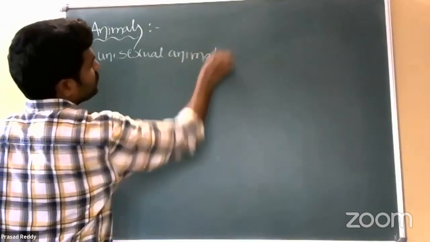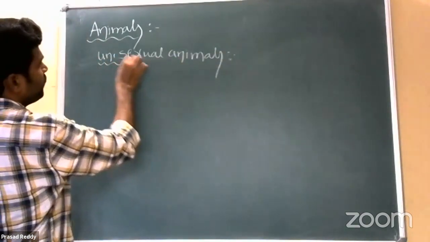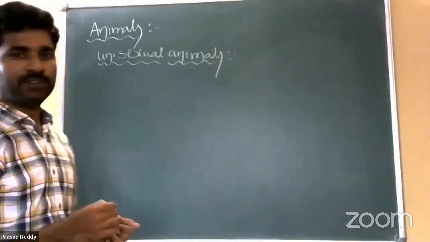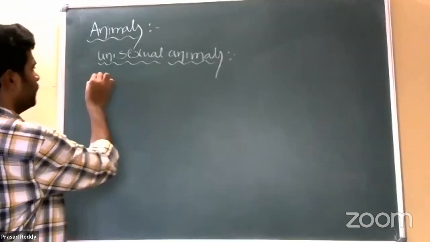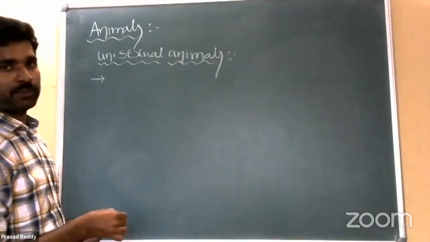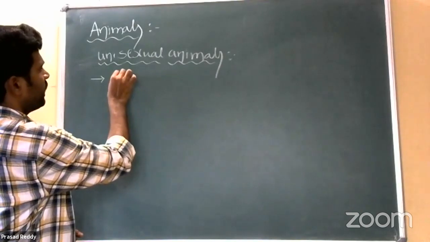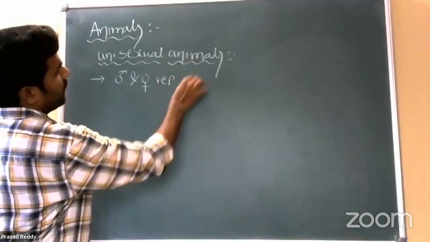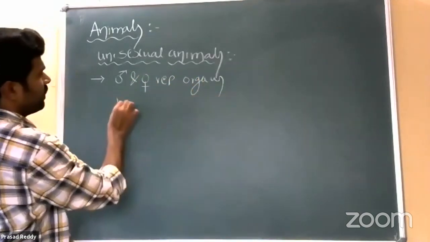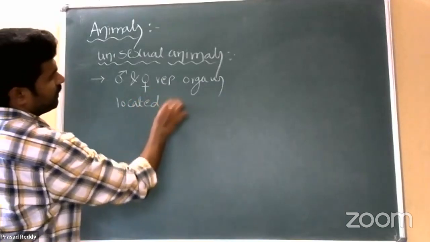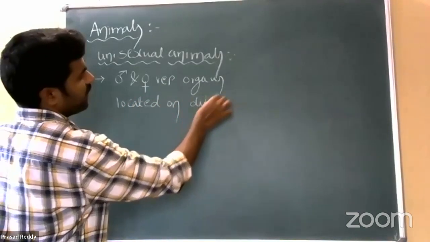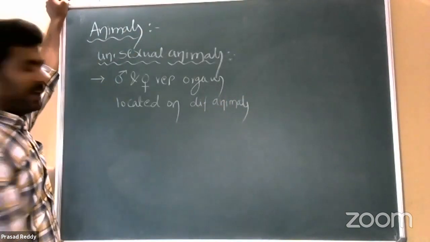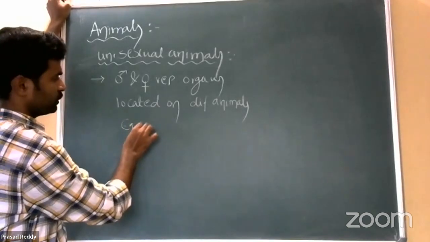Definition for unisexual animals: male and female reproductive organs located on two different animals are called unisexual animals. Example, cockroach.